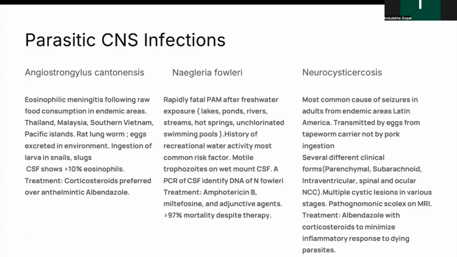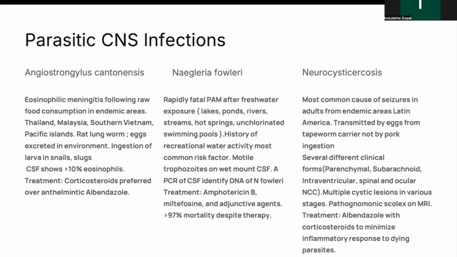Naegleria fowleri, this is a rapidly fatal condition, and it's after freshwater exposure. There are very few cases in the literature and in real life. Exposures are usually lakes, ponds, rivers, streams, hot springs, and unchlorinated swimming pools. So that will be the risk factor, and in both questions they will definitely mention that.